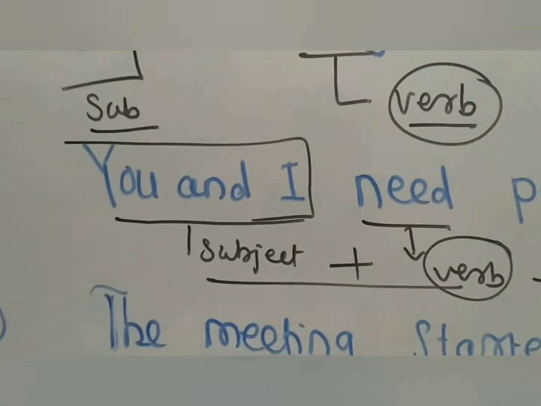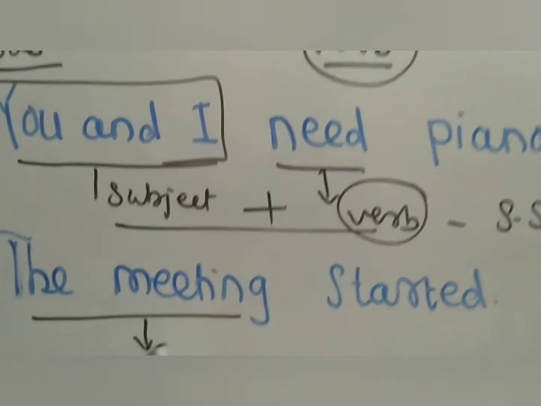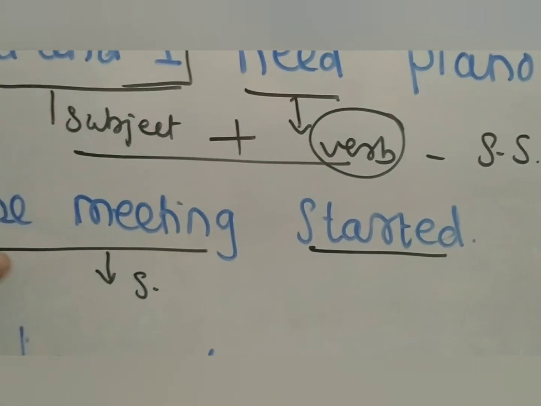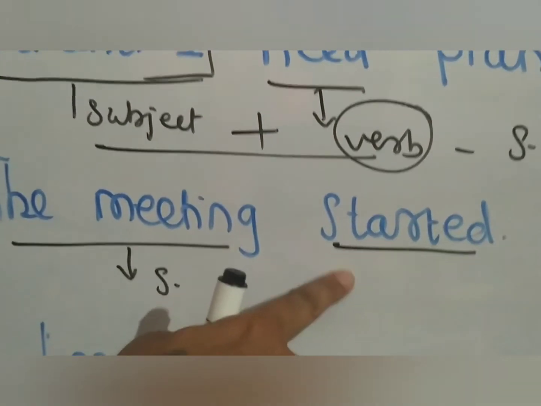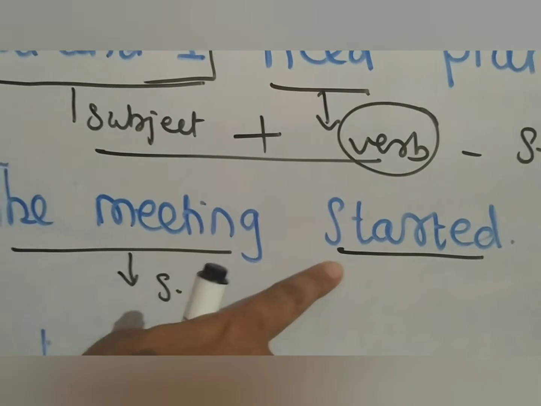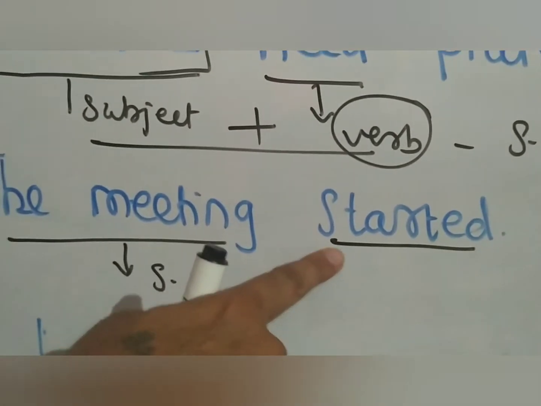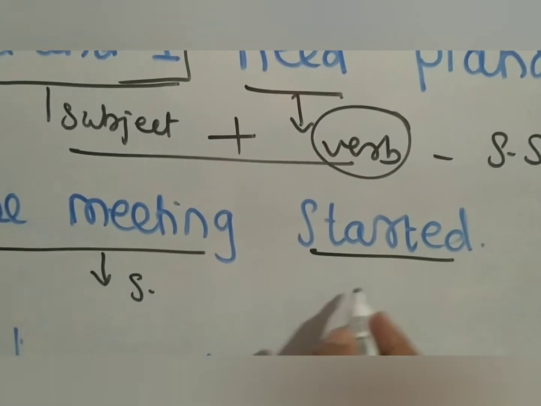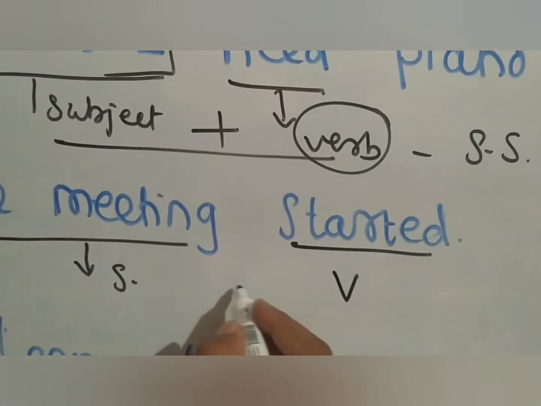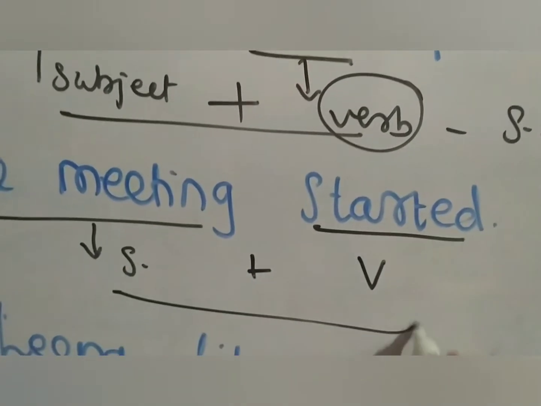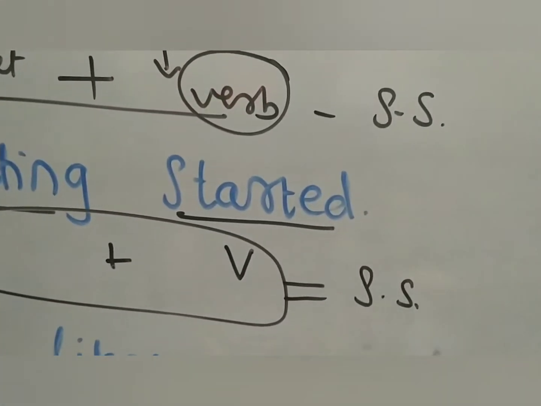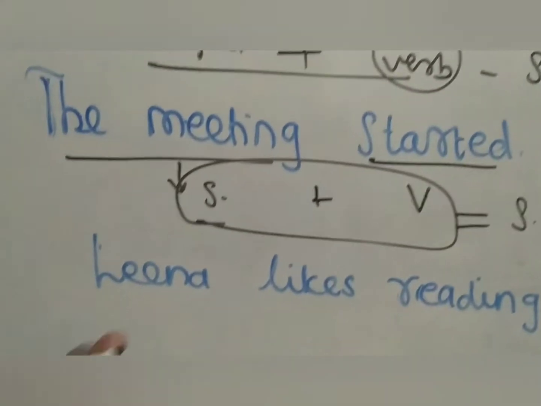Now, the meeting started. The meeting is the subject, started is the verb, in the simple past tense. SV, this is the structure of SS, simple sentence.